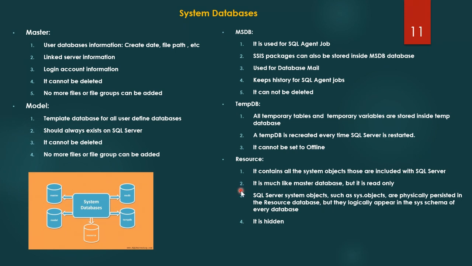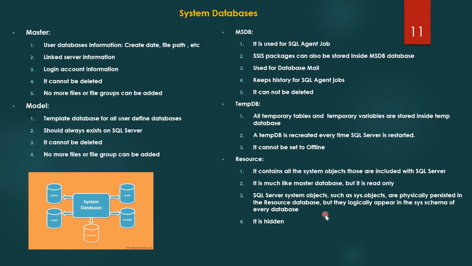This is the hidden one, resource. As you see it, resource, right? By the name, it contains all the system objects that are included with SQL Server. It is pretty much like the master database, but it is read only. Okay, read only, which means modifying is not allowed. That's why they're hiding it.